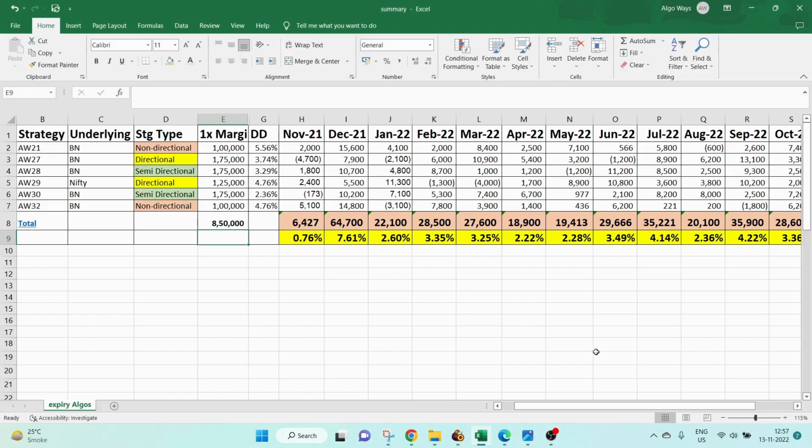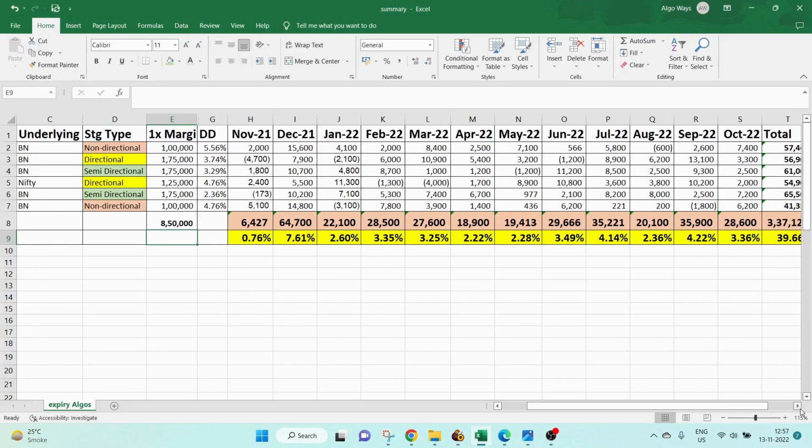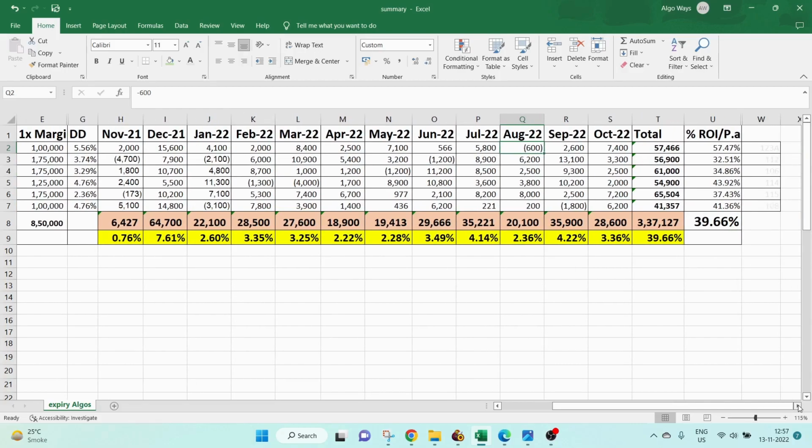This particular algo has been able to give consistent returns. Only 1 month is negative, which is minus 600 only, and it has generated around 57,000 profit in a year. If we divide by 12, it comes to around 5% per month by trading only 4 days.